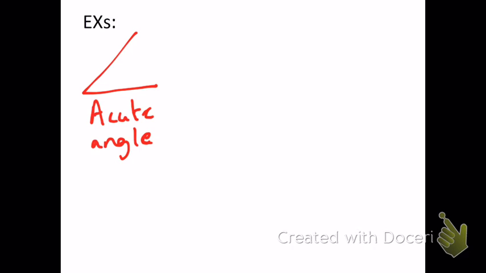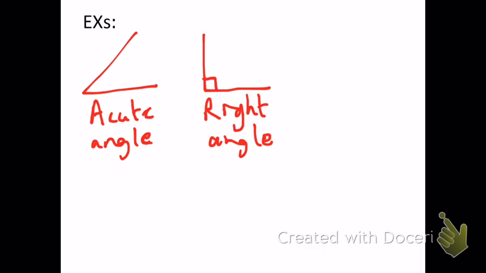examples. We've got an acute angle. We've got a right angle. Here we have an obtuse angle.